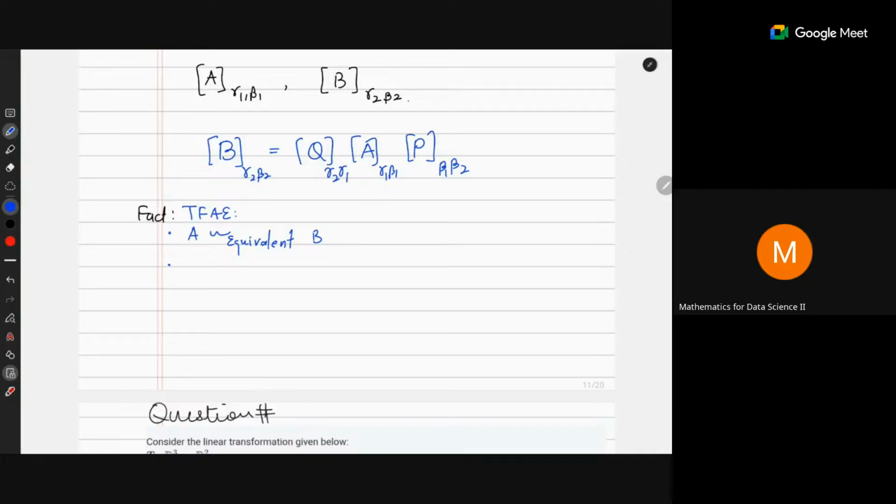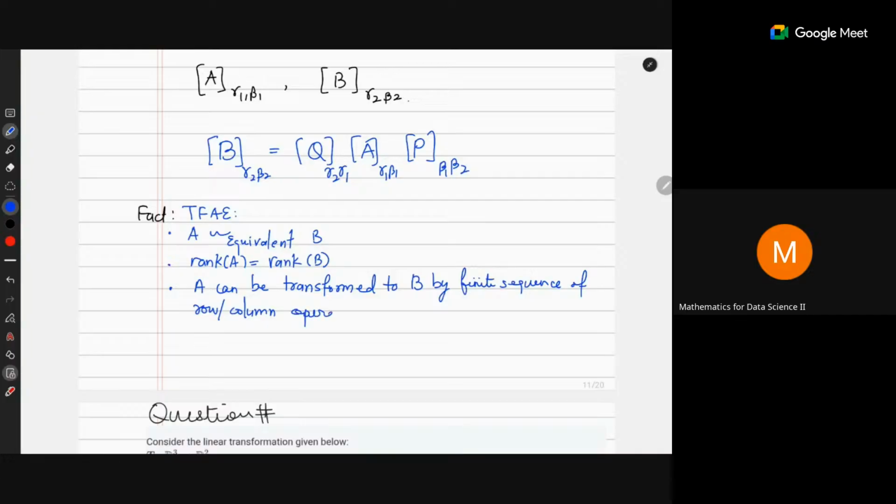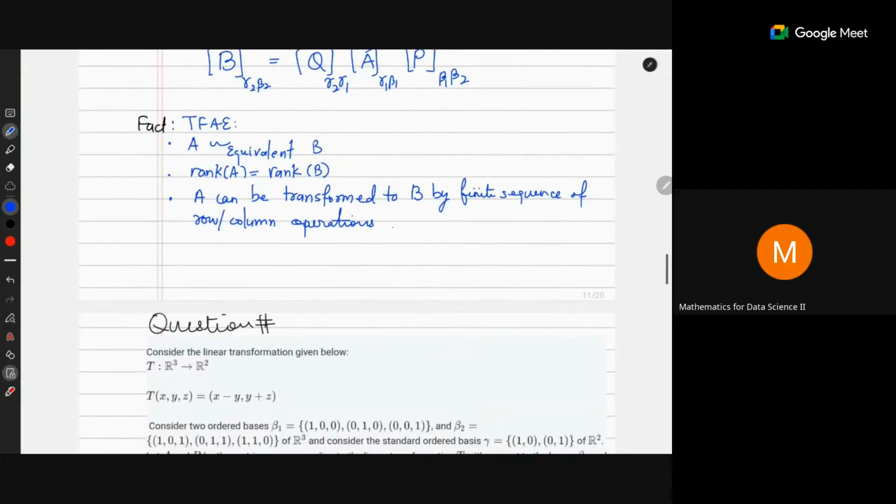A is equivalent to B. It is same as the rank of A is equal to the rank of B. The third statement is A can be transformed to B by a finite sequence of row or column operations. So these three statements are same.